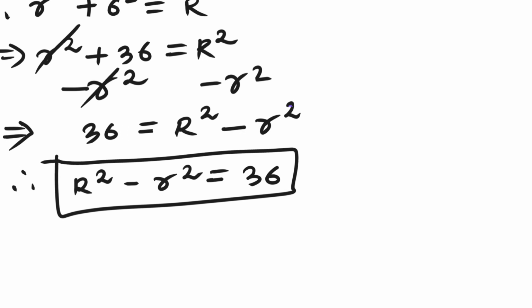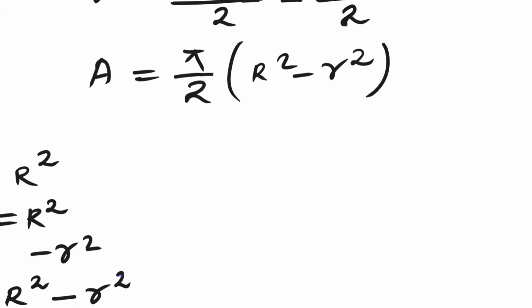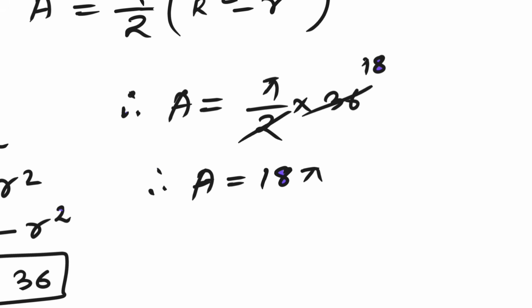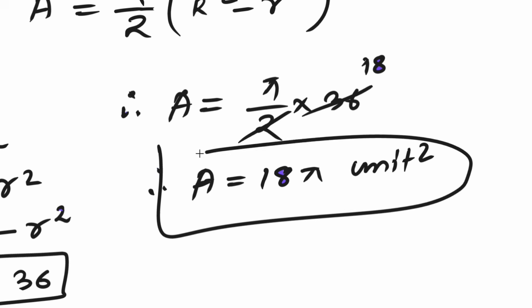So this is where we substitute that value into the formula. The shaded area equals pi divided by 2 multiplied by 36. Now simplify. 36 divided by 2 equals 18. Therefore, the shaded area equals 18 pi square units. And that is our exact answer.